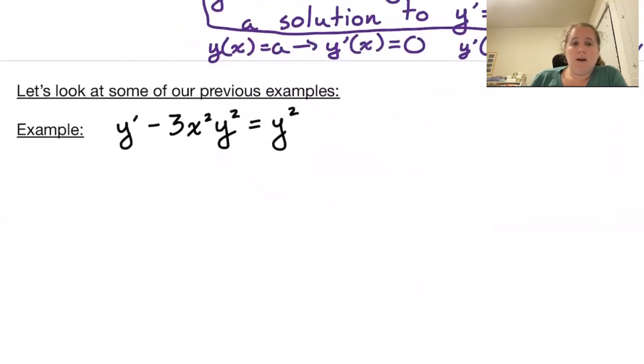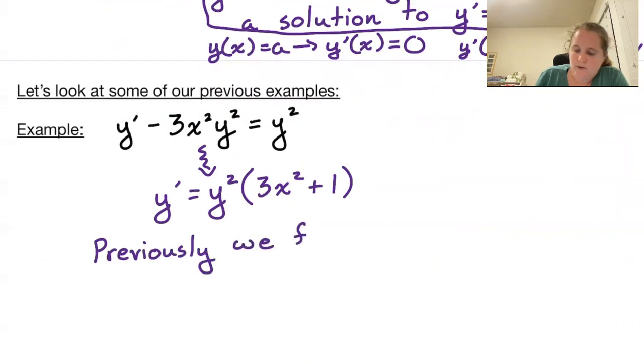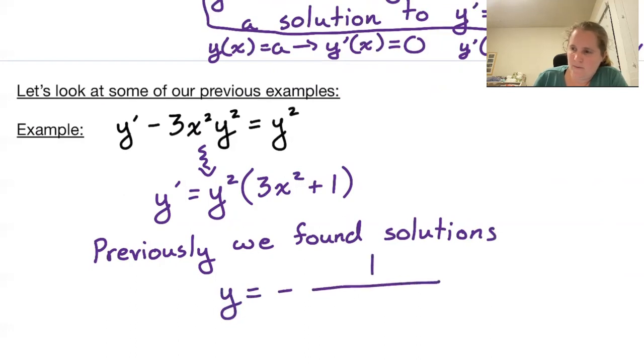So in this example, y prime minus 3x squared y squared equals y squared. We can rewrite this in the form y prime is equal to y squared times 3x squared plus 1. Previously, we found solutions y equals -1 over x cubed plus 2x plus c.